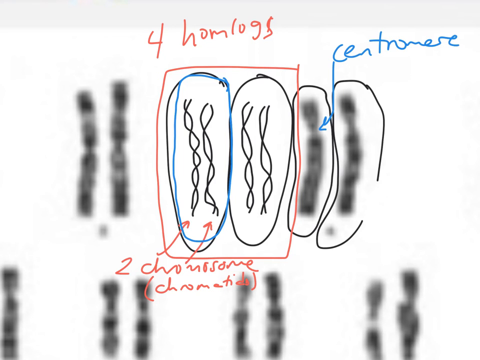Sister chromatids. They're identical. So sister chromatids, the two that are held together, are identical, which means that they came from the same parent.